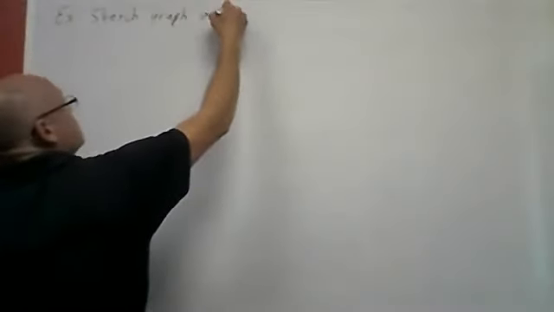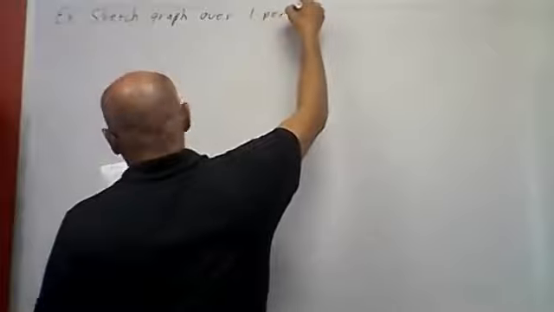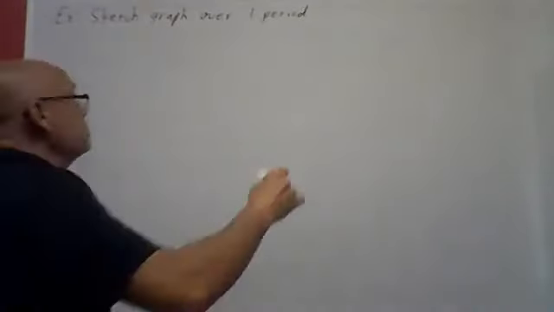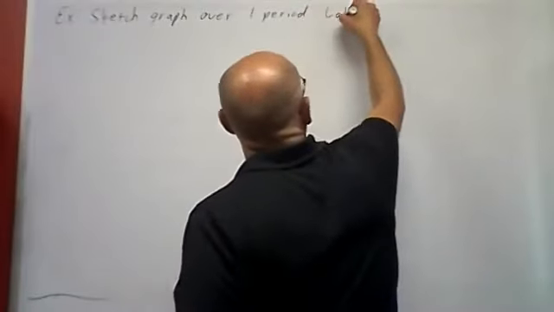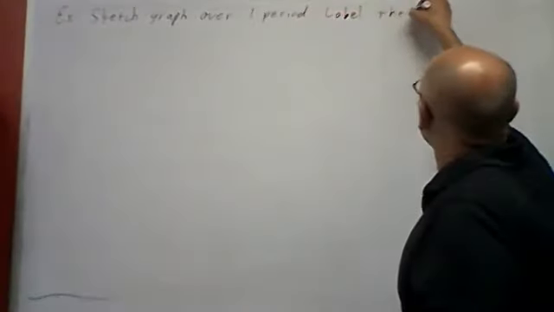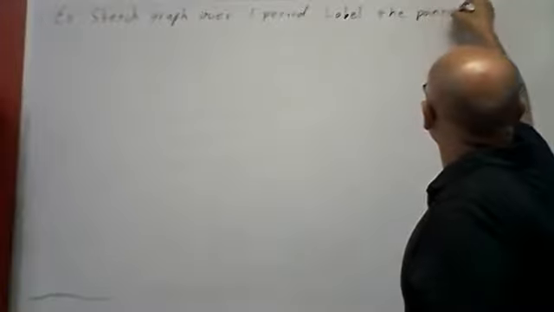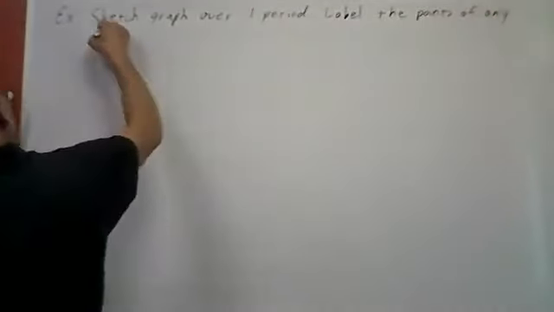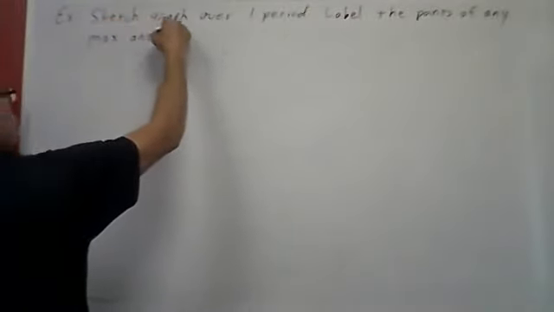First example: sketch the graph over one period. Label the points of any max and mins.